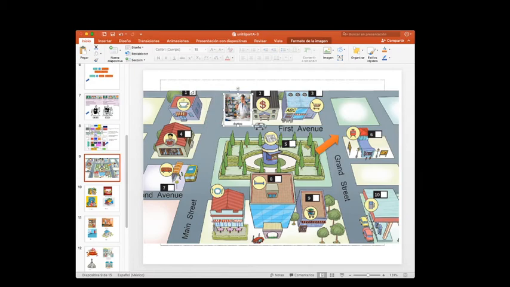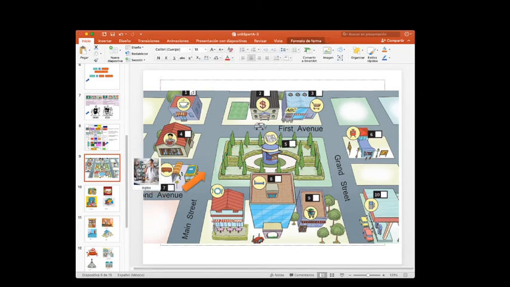Where's the drugstore? The drugstore is next to the bank. Okay, or maybe here. The drugstore is behind the bus stop, at the bus station. Okay, those could be the options.